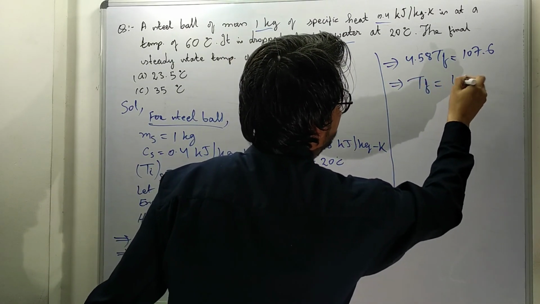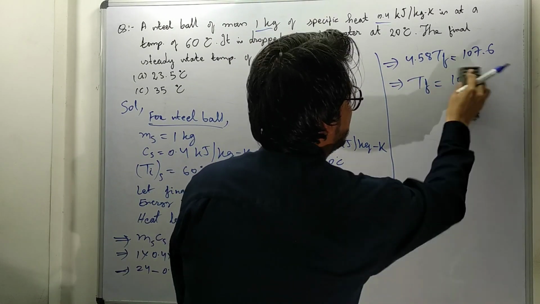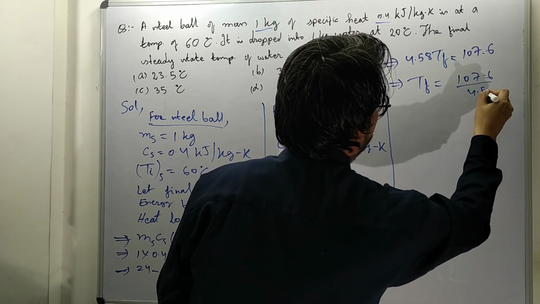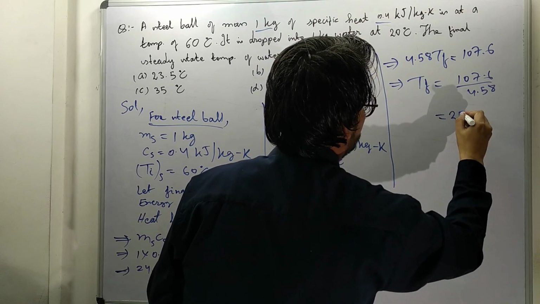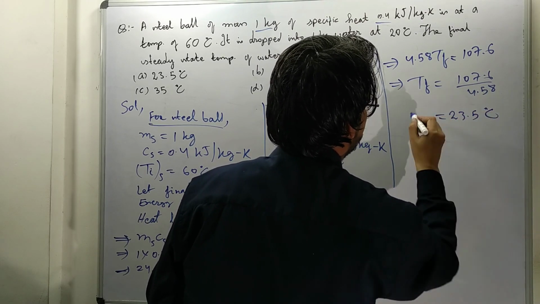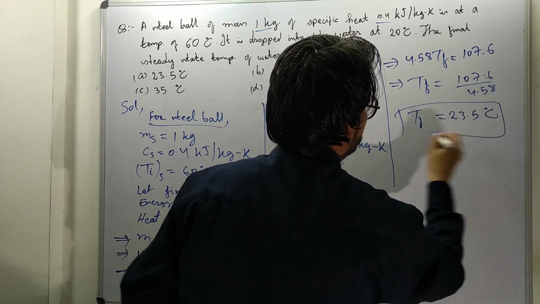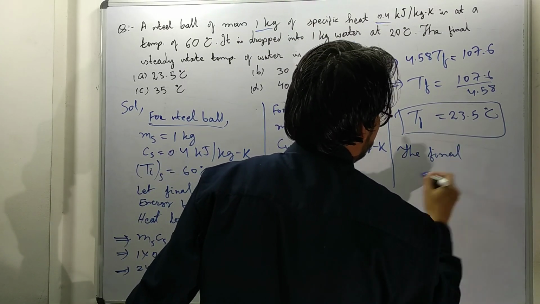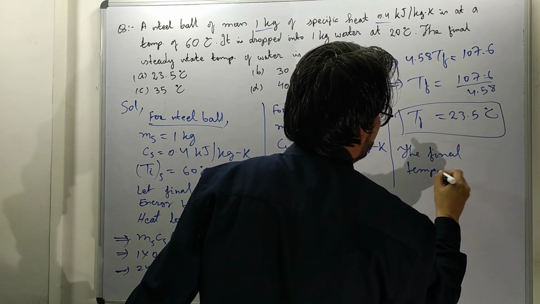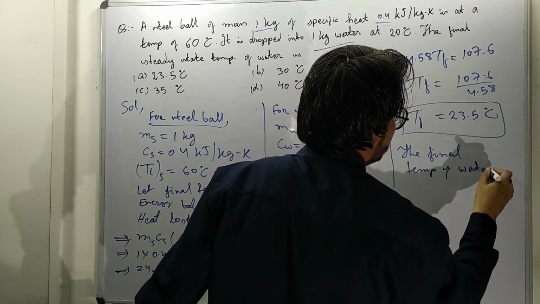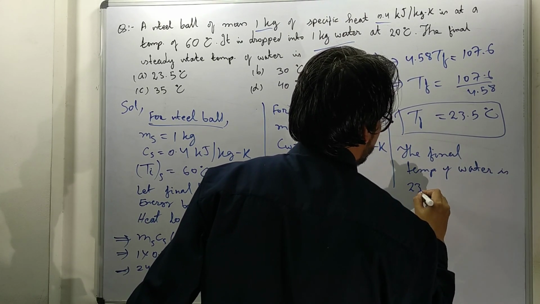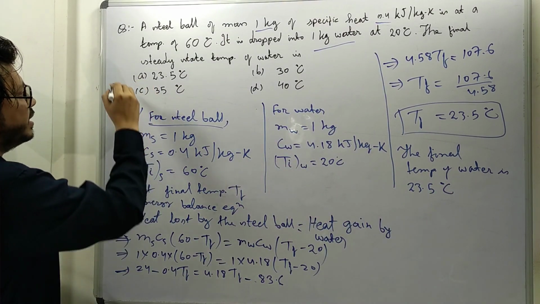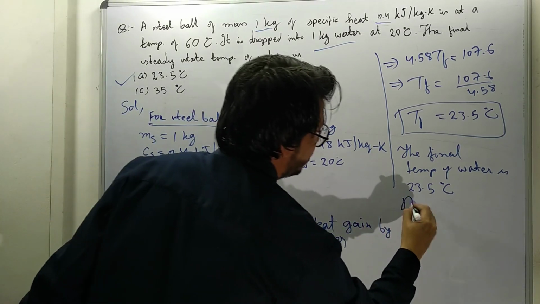Solving 107.6 by 4.58, we get 23.5 degrees centigrade. So the final temperature of water is 23.5 degrees centigrade. That is, option A is correct. Answer option A.